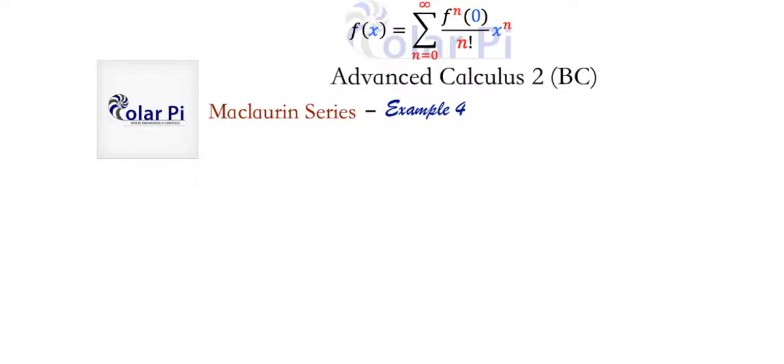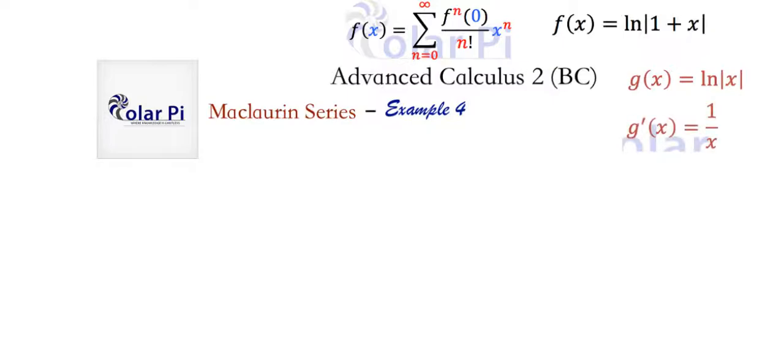In this video, we're going to do the Maclaurin series expansion for the function f of x equals the natural log of 1 plus x. And that begs the question, why not do a Maclaurin series expansion for the function ln of x? Well, because for the function ln of x, the first derivative would be 1 over x, and the second derivative would be negative 1 over x squared, and so on.